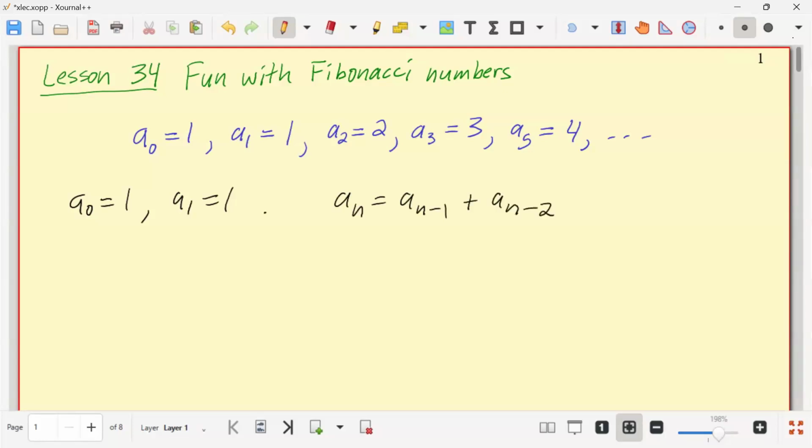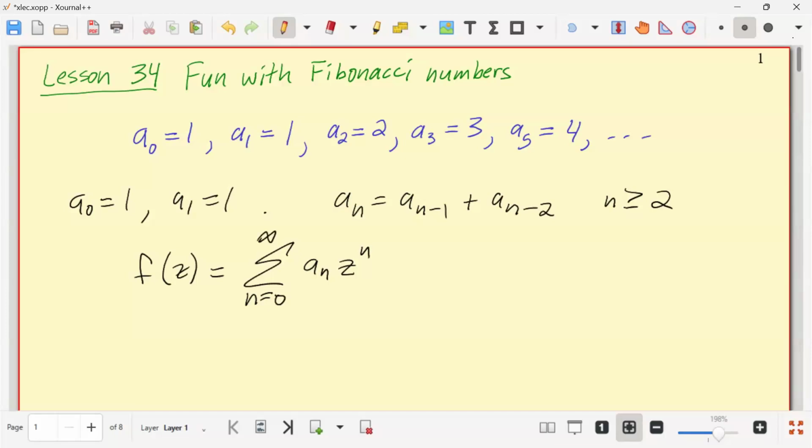And that's starting at N equals 2. And what we did earlier in the semester when we were studying these things, we wrote a function, f of z, which is a power series whose coefficients are the Fibonacci numbers.